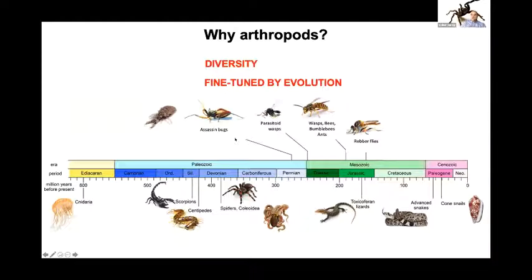The arthropods are also incredibly diverse. Of all the venomous representatives, more than half are arthropods, and they're understudied as well, because most venom research has focused on, for example, snake venoms, which are important for medical reasons.